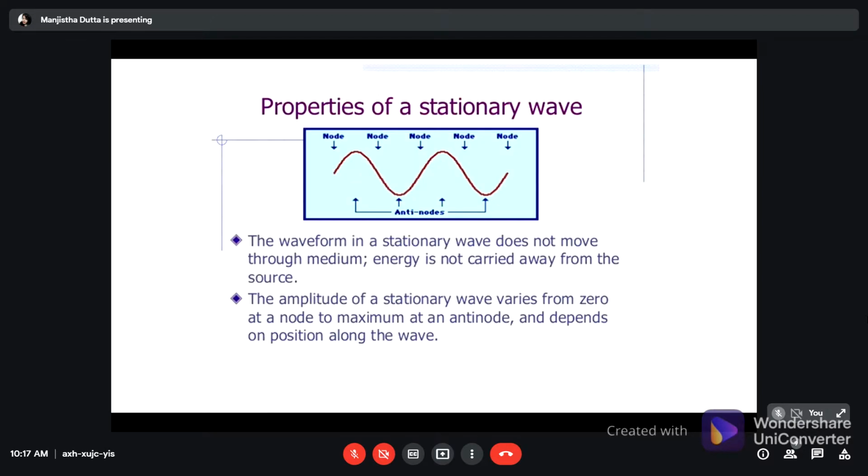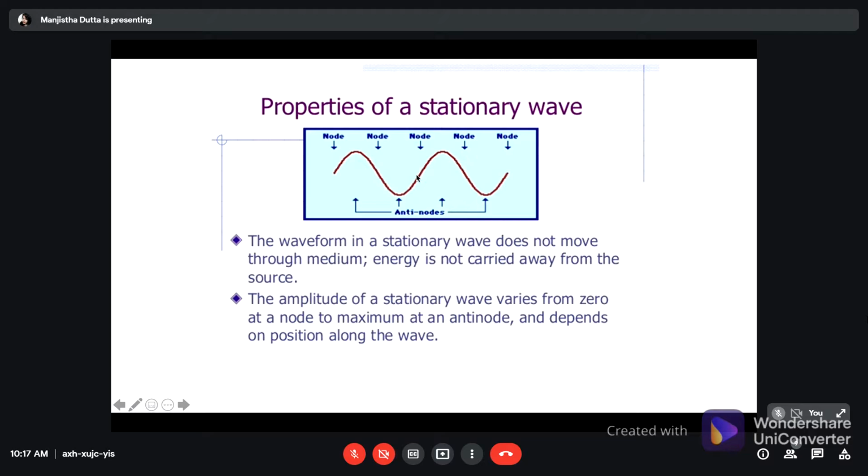Okay, so if I look at the figure over here, you can see these points are antinodes. Obviously, this is the maximum amplitude region, right? So the maximum amplitude, this is an antinode, and then this is an antinode. And if I draw a line over here, this is the equilibrium line.